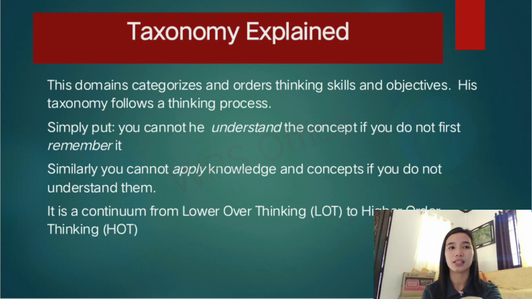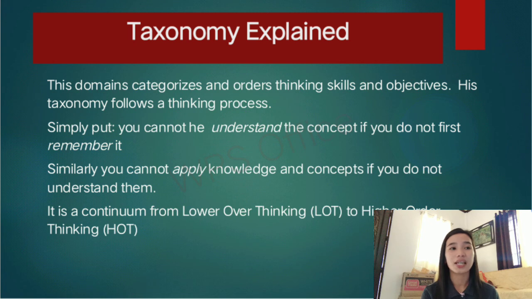The taxonomy explains that these domains categorize the order of thinking skills, and the objectives of this taxonomy are as follows. First, simply put, you cannot understand a concept if you do not first remember it. Second, similarly, you cannot apply knowledge and concepts if you do not understand them.